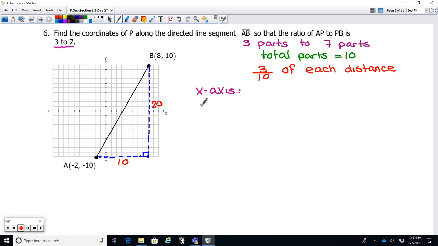And I need 3/10 of that x-axis. So right here, 3/10 of the total 10. Let's go ahead and 10 goes into 10 once. Cross all the way across the top is 3. All the way across when I multiply is 1. So I need to add 3 units to the x coordinate.